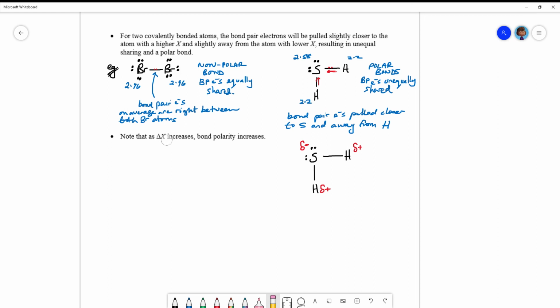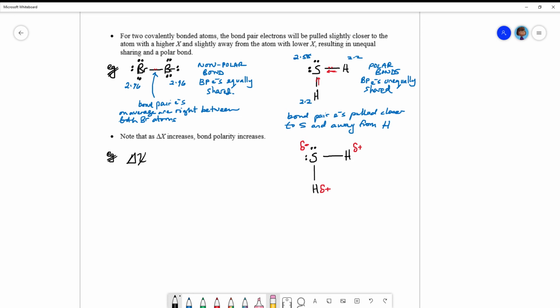Now, one last thing to mention in this lecture, and that is that as the difference in electronegativity increases for a particular bond, the polarity of that bond also increases. So what do I mean by delta chi? Delta chi is the difference in the electronegativities of the bonded atoms. For example, let's go back to bromine.